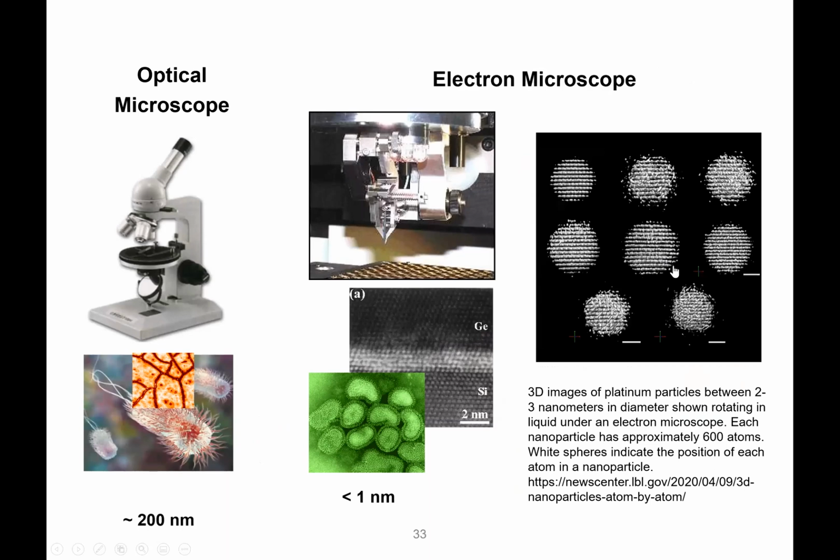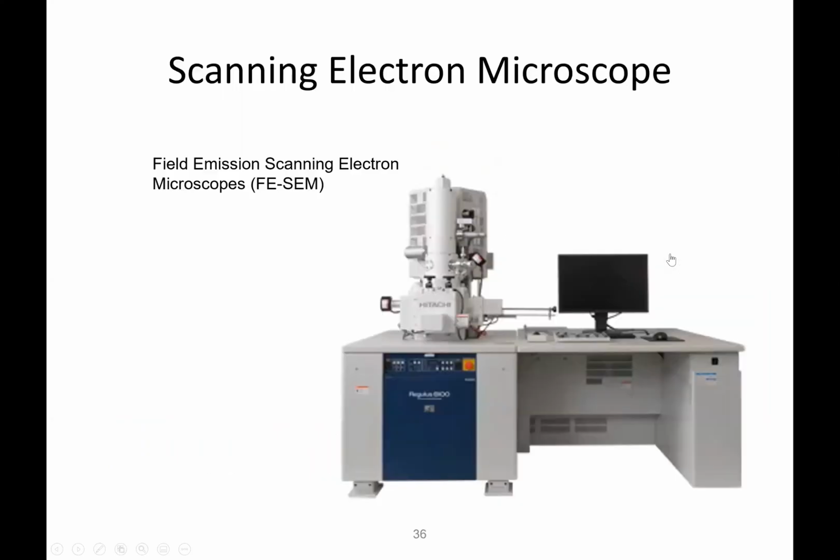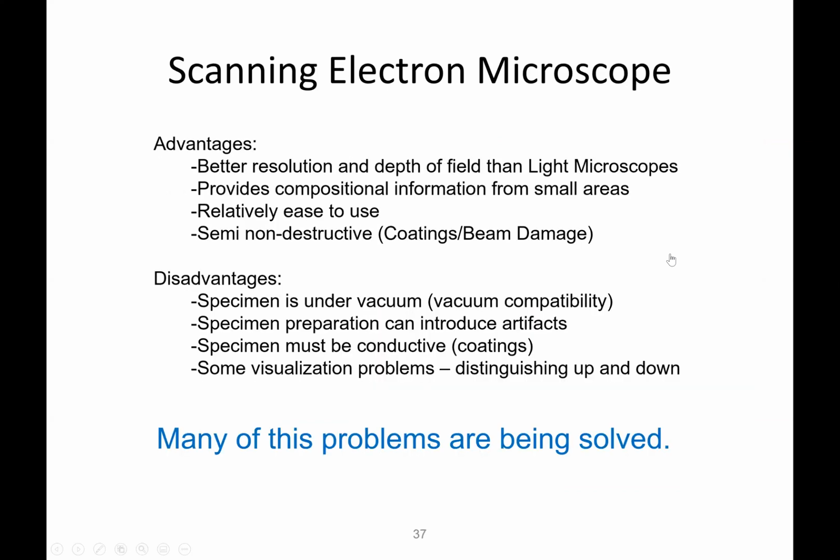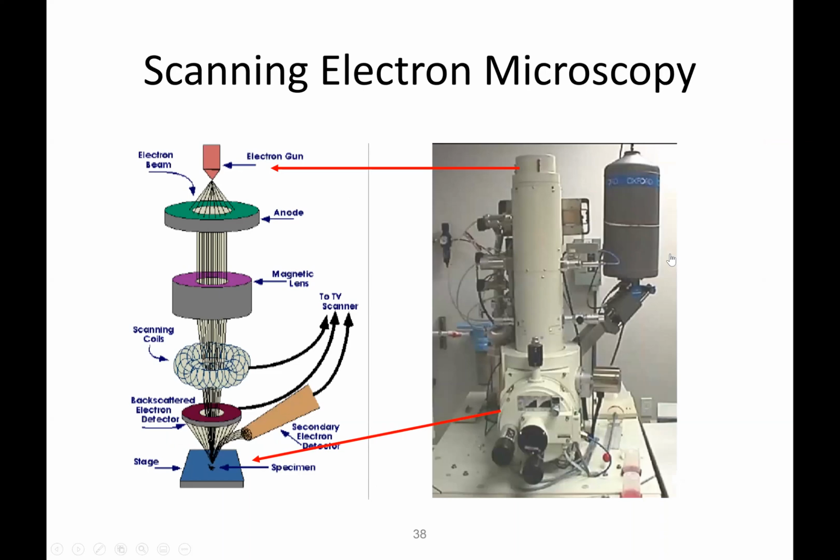Also, some DNA biomolecules should be sustained in a liquid, right? A biological medium. To look at those types of things, the liquid cannot stay well in the vacuum. So that is the disadvantage.